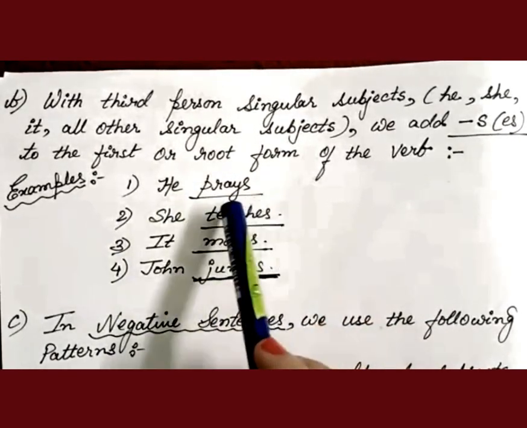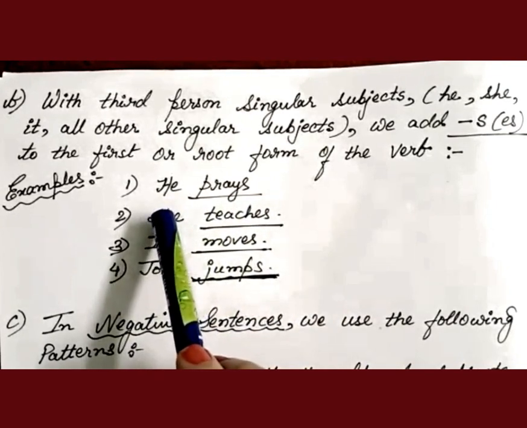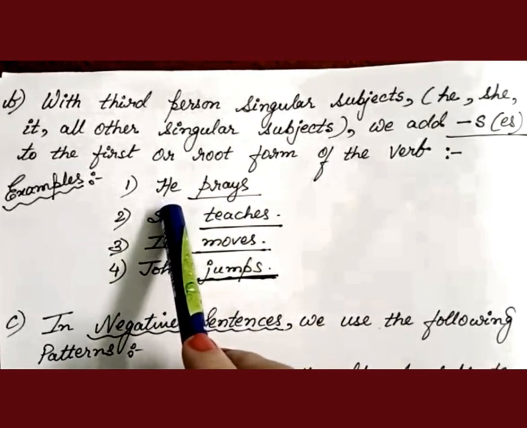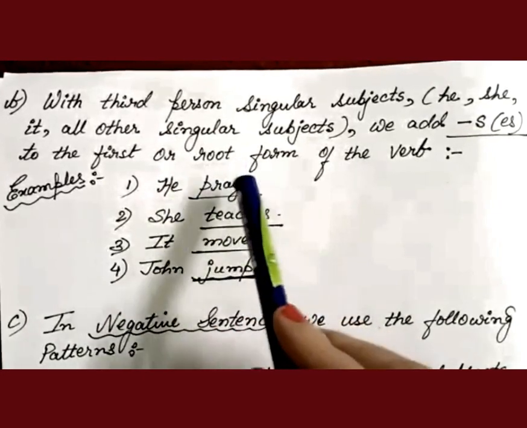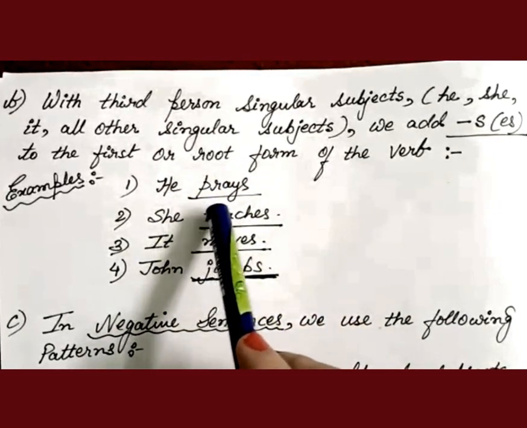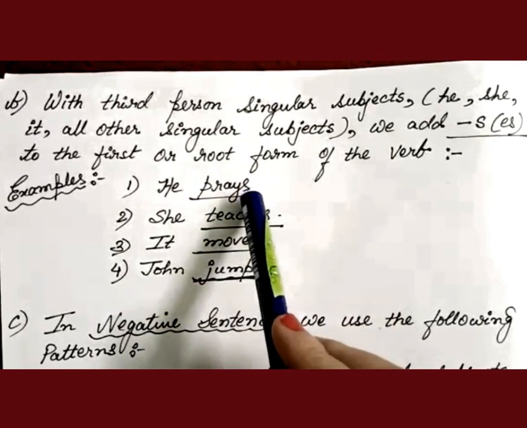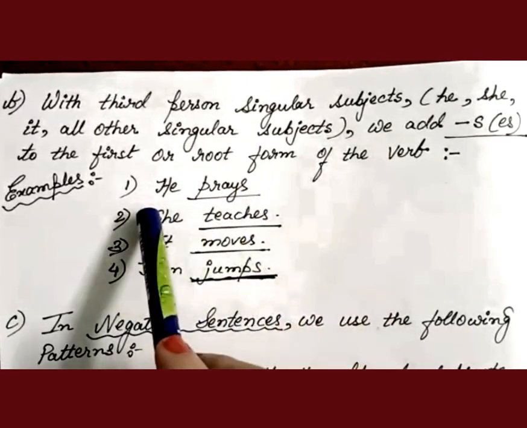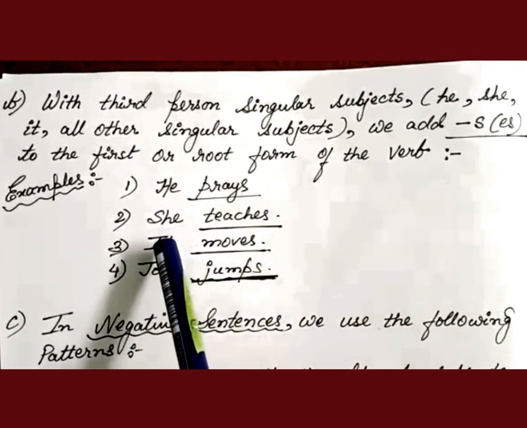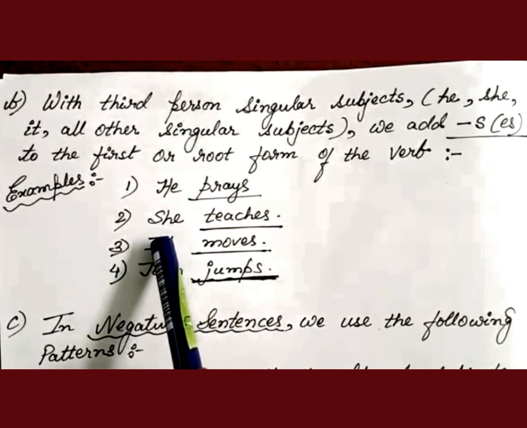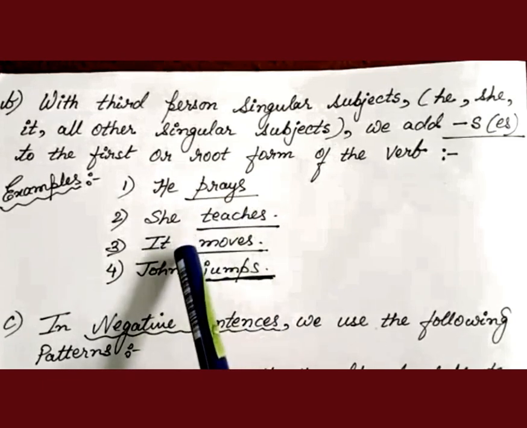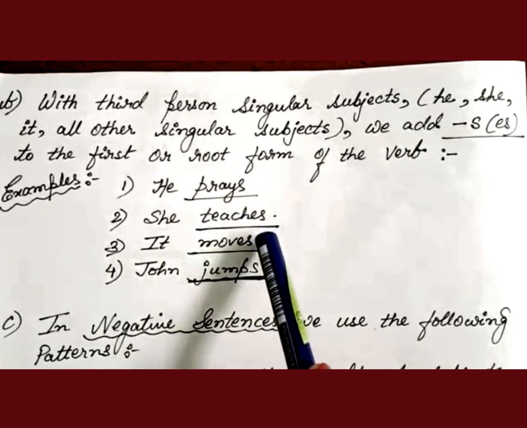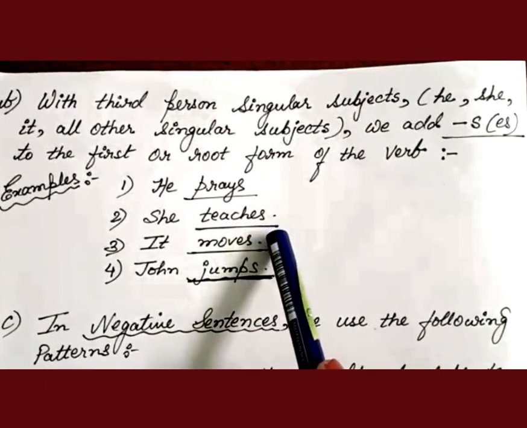He prays. So here you see the third person singular subject he gets joined with another form of verb pray, and to that we have added s at the end. So it's he prays. Then another third person singular subject she goes with teach, another first or root form of verb to which has been added es at the end.